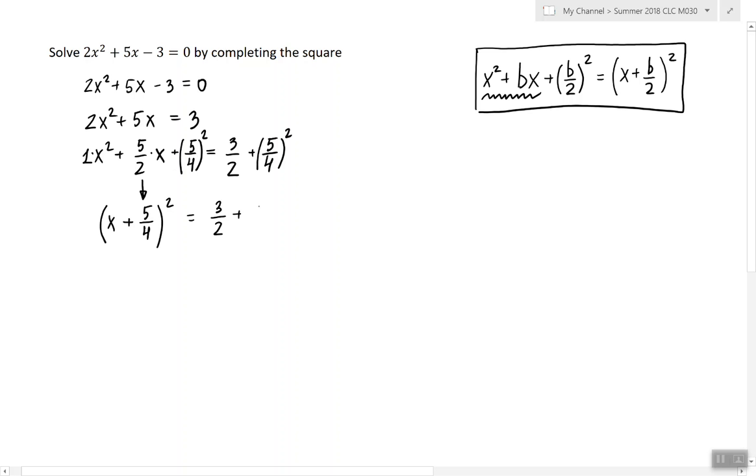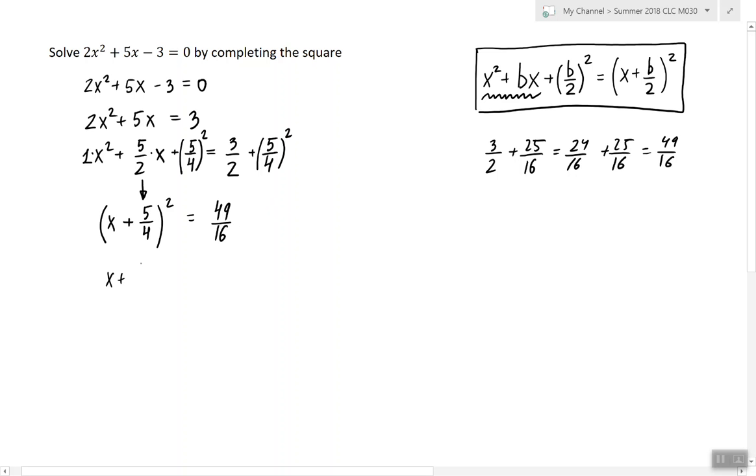So here we have 3 halves plus 25 sixteenths. We can do these computations on the side. Times 8, 24 over 16, finding the common denominator, and we have 49 over 16. So the right hand side is just 49 over 16.